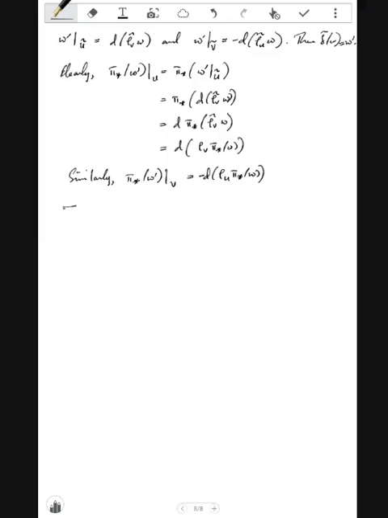So this implies, by the defining property of delta, that delta of pi lower star of omega prime is equal to delta of pi lower star omega.